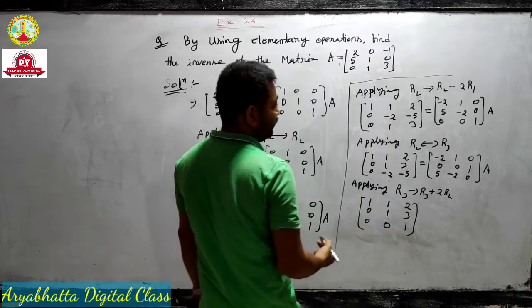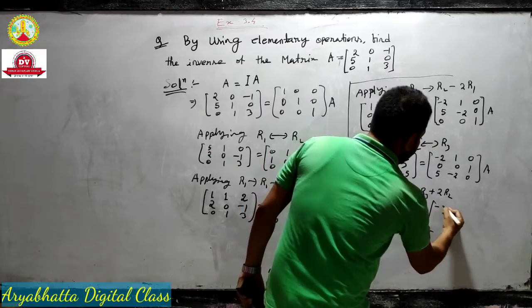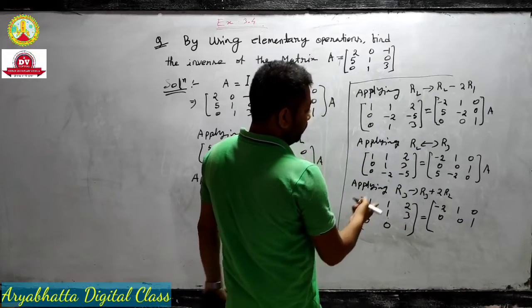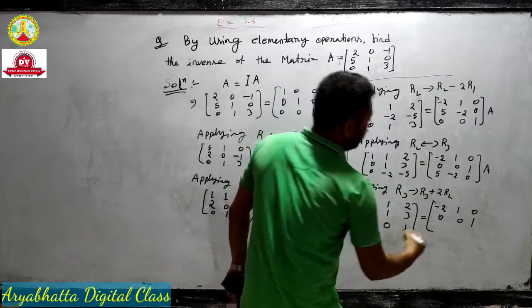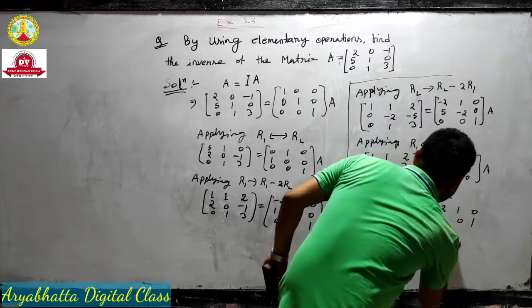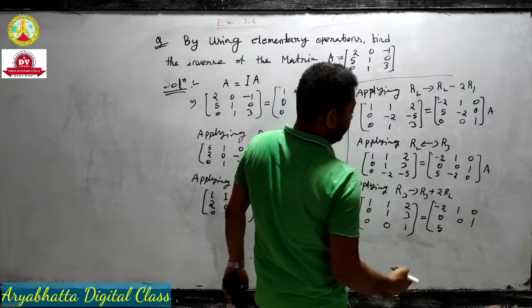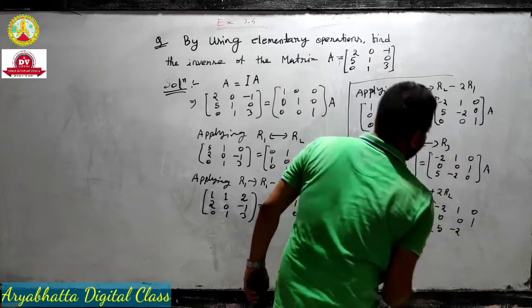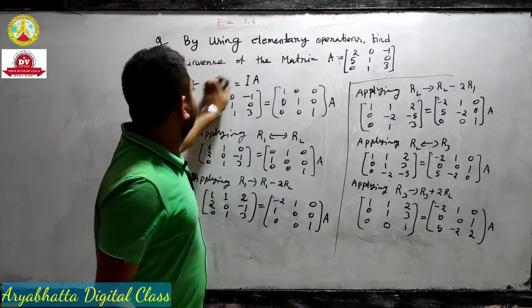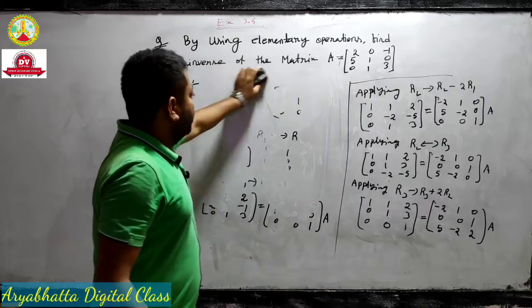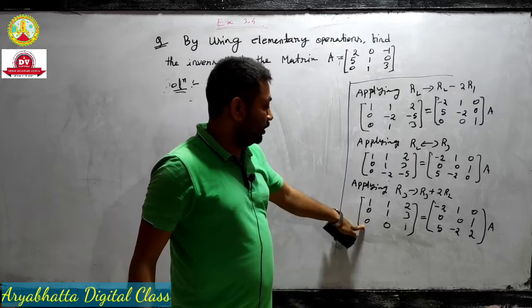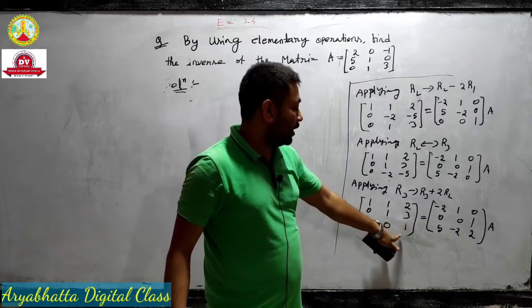This equal to minus 2, 1, 0, 0, 0, 1, and for the last row, 5 plus 2 into 0, 5, minus 2 plus 2 into 0, minus 2, and 0 plus 2 into 1, equal to 2.